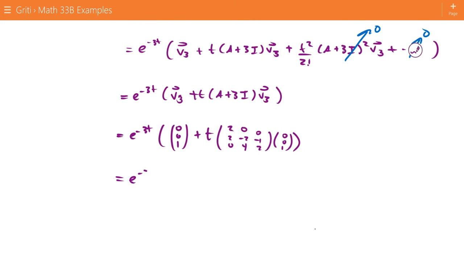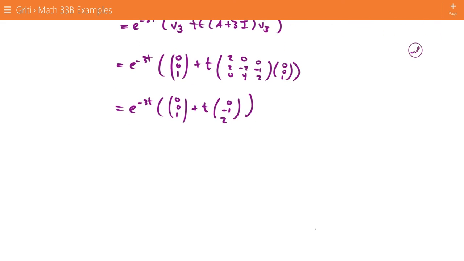And if you simplify this, if you multiply 0, 0, 1 by that matrix, you get 0, 0, 1 plus t times 0, -1, 2. And this gives us y3 of e to the -3t times 0, -t, and 1 plus 2t.